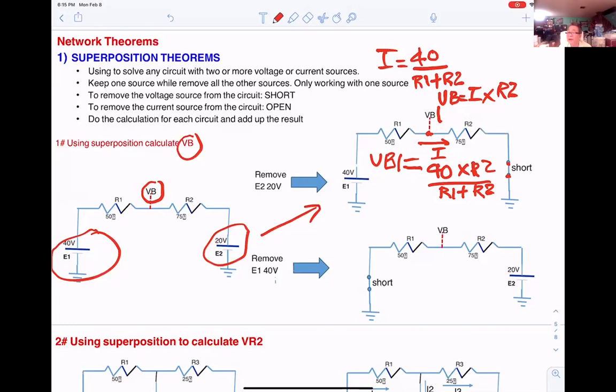Okay. So VB1, do the calculation, you get 24 volts. Now I calculate the second one.